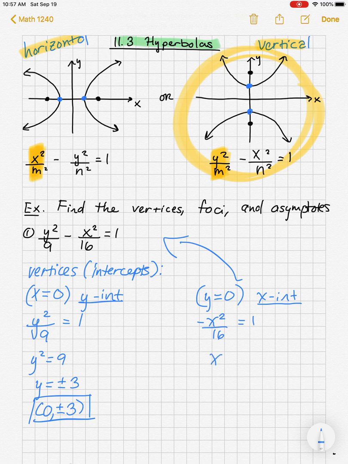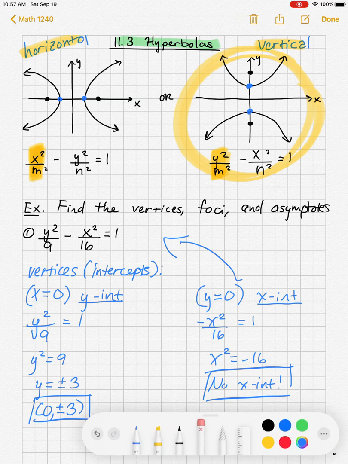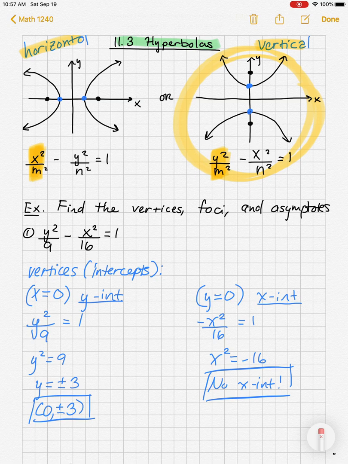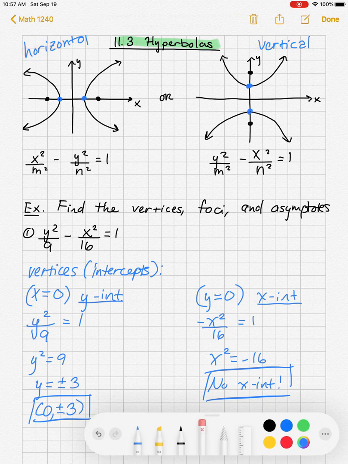I multiply both sides by negative 16, so there are no real solutions. So no x-intercepts. Because of that negative sign in the equation of a hyperbola, I'm only going to have x-intercepts or y-intercepts. I'm not going to have both. That's what determines which type of hyperbola I'm dealing with.